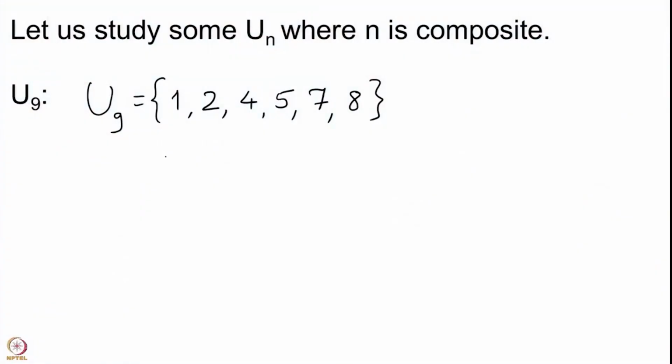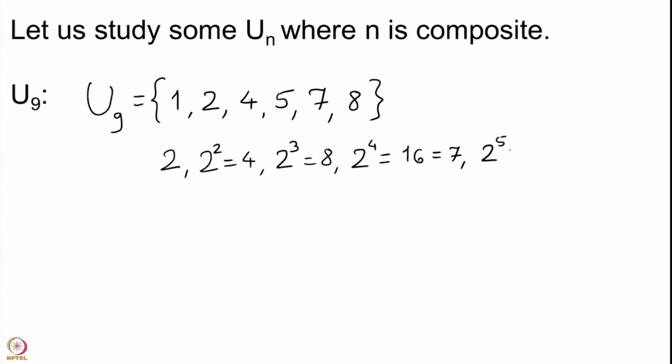So, suppose we start with 2, 2 square is 4, 2 cube is 8, 2 raised to 4 is 16, but you are modulo 9, so this is 7, 2 raised to 5 is now 14 because it is 7 into 2, but modulo 9 14 is 5, and then we get 2 raised to 6 which is 10, this is also 1.